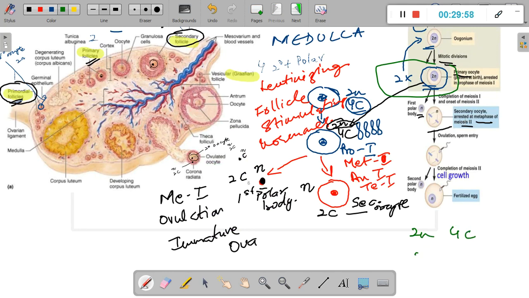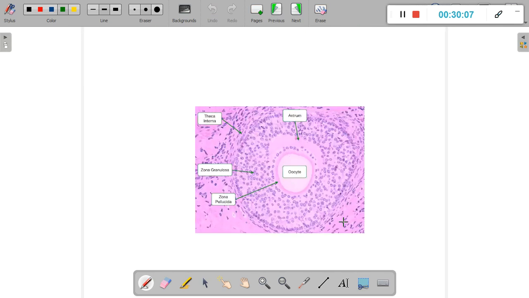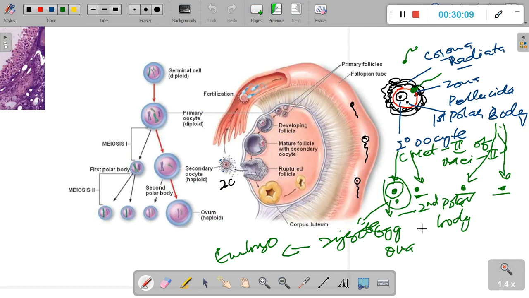At the end of meiosis 1, we were successful in making a haploid cell, but we still had double the amount of DNA. Now these polar bodies, each of them have only one set of chromosomes. So you see, the polar bodies not only help the egg to become haploid, but also to have only one set of chromosomes. And this is all about oogenesis. Thank you.